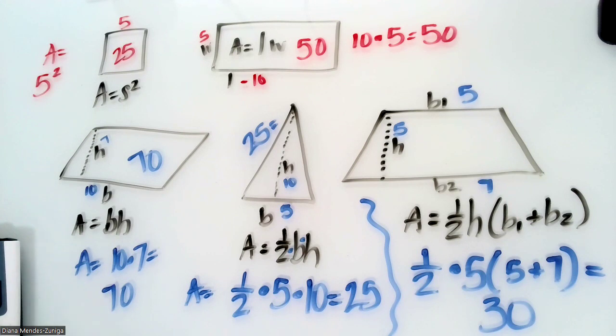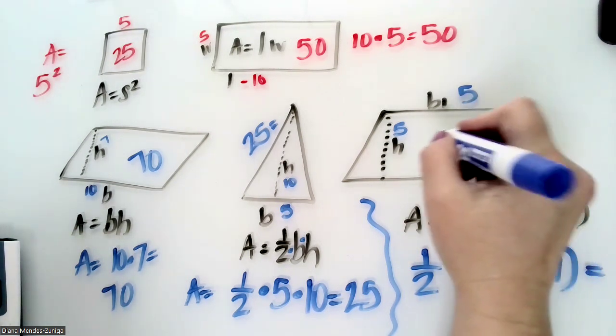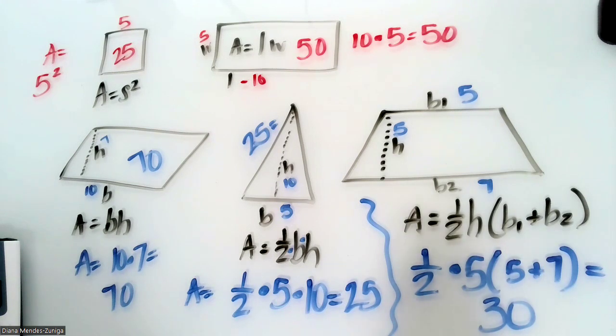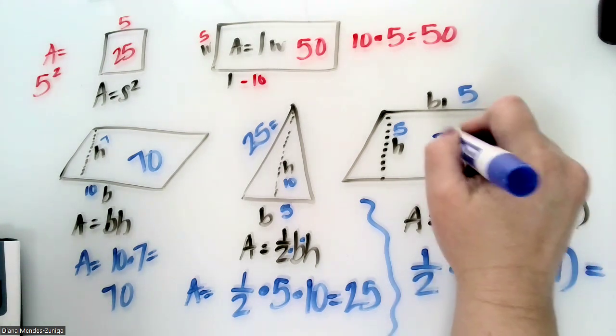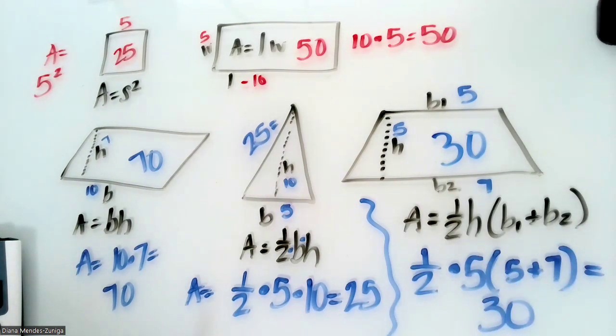You can't obviously use them for the formula, but something like this is perfectly acceptable and encouraged to put into your calculator. You're trying to pass the GED test, so you want to get as many correct as you possibly can, but you're under a time crunch. So you want to make sure that you're doing that math correctly when you're already nervous. So our area here would be 30.